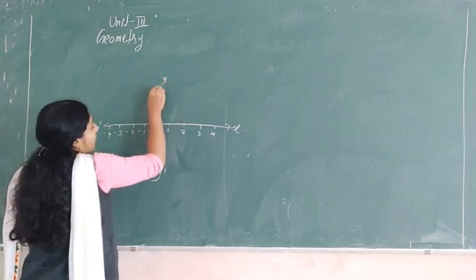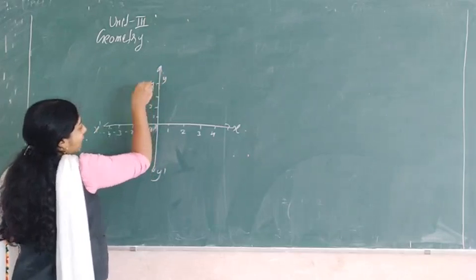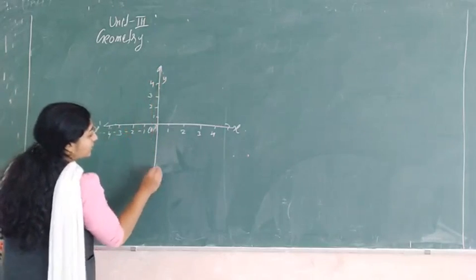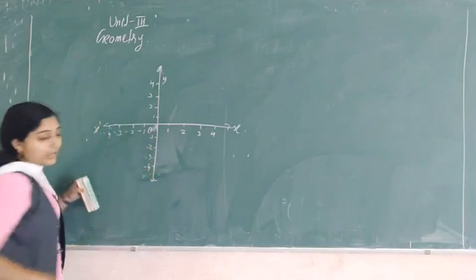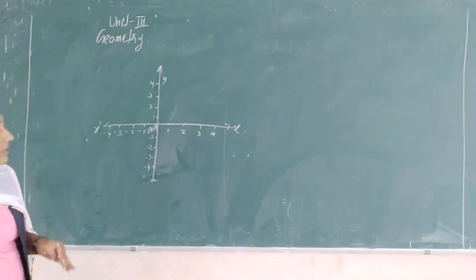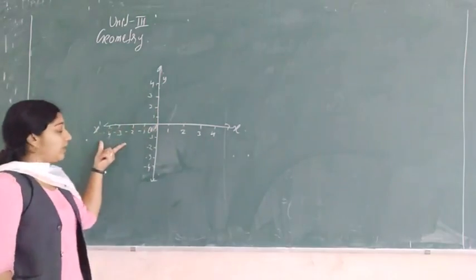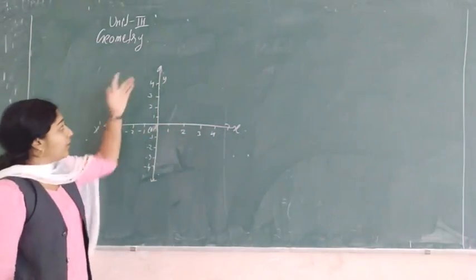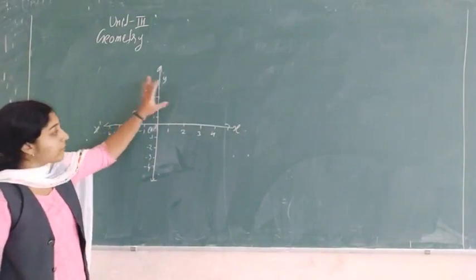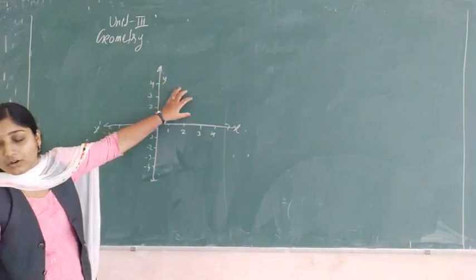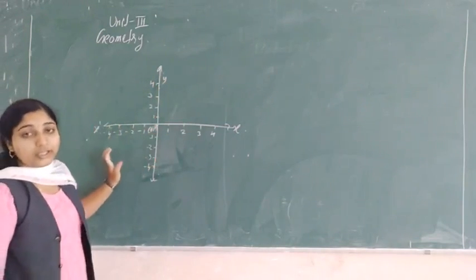Similarly, for the y-axis, here we will get 1, 2, 3, 4 and so on, and here we will get minus 1, minus 2, minus 3, minus 4 and so on. Okay. So remember this. On the x-axis, this side is positive, here negative. On the y-axis, this is negative, this is positive. Okay. Now if you consider this, this is called quadrant 1, quadrant 2, quadrant 3, quadrant 4.